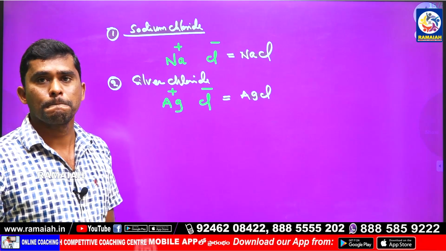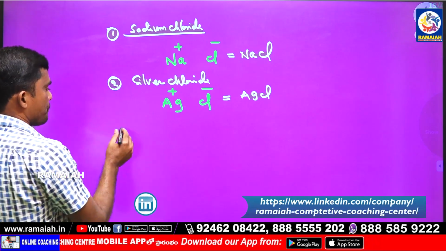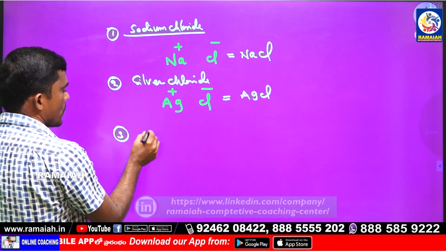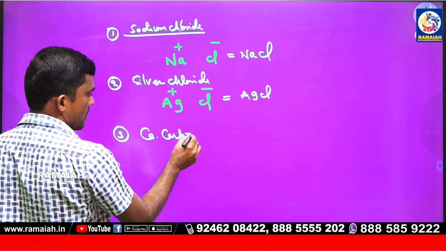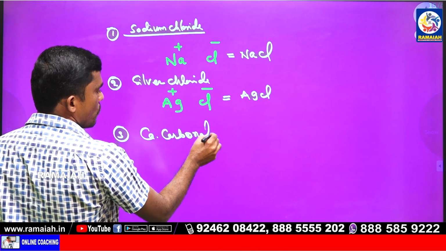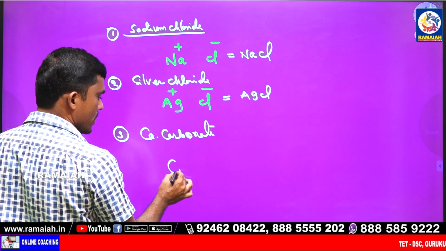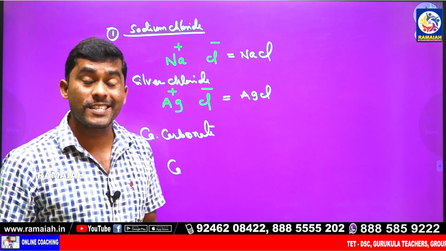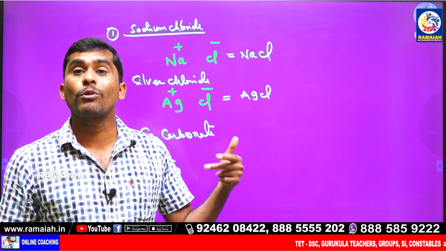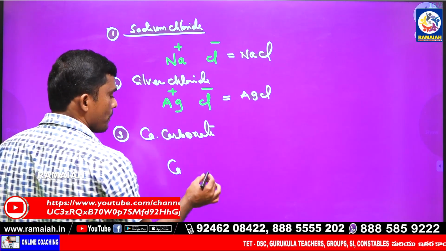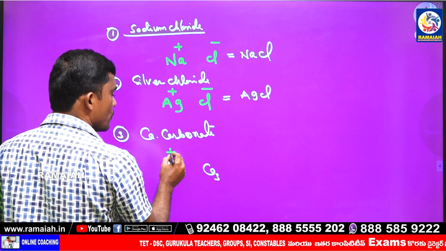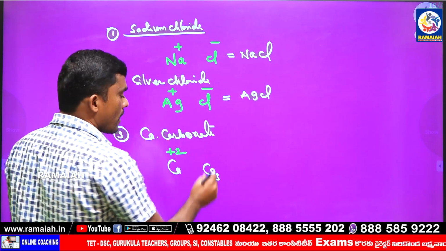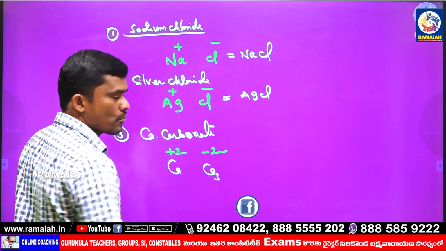Okay. For example, calcium carbonate. What is the symbol of calcium? Ca. Carbonate is CO3. Calcium has a positive charge, carbonate has a -2 charge.